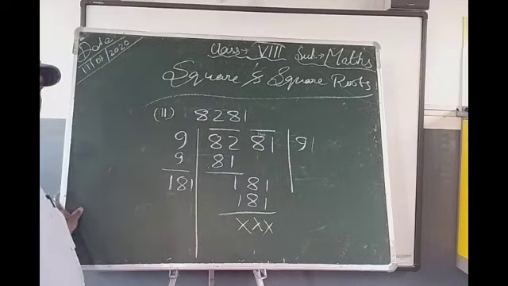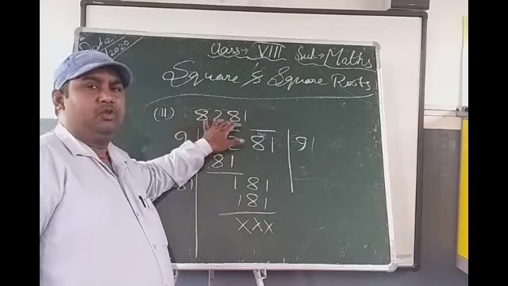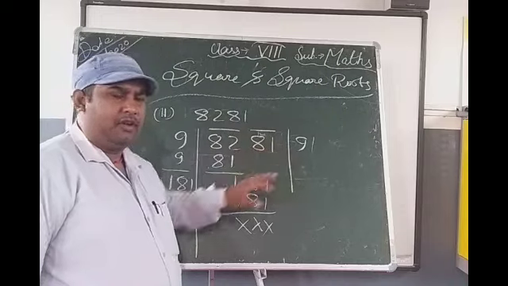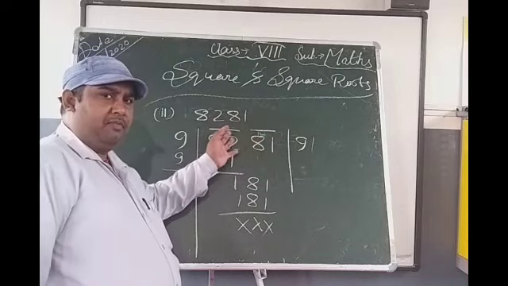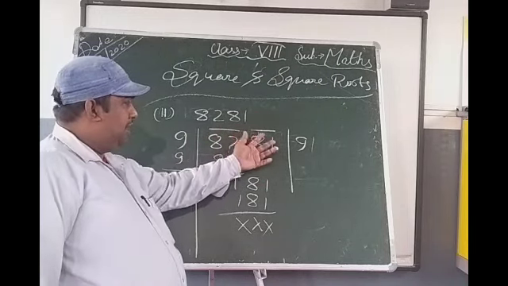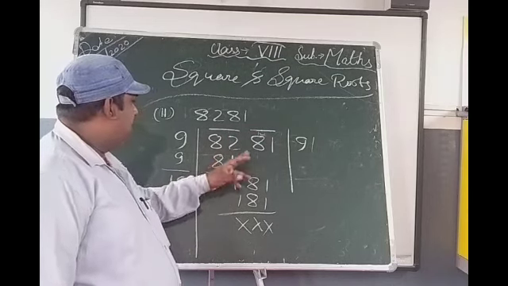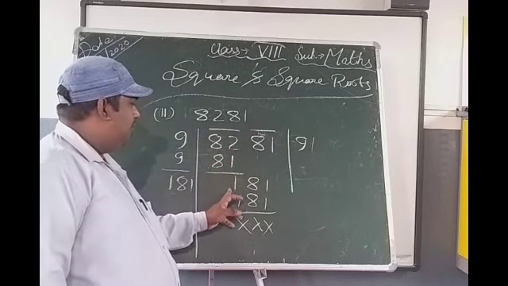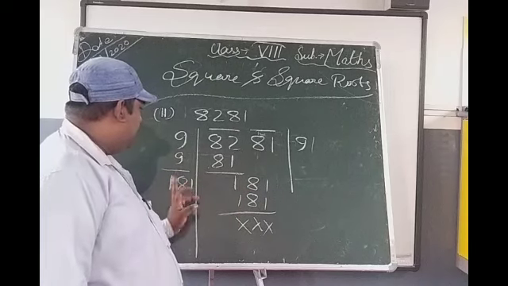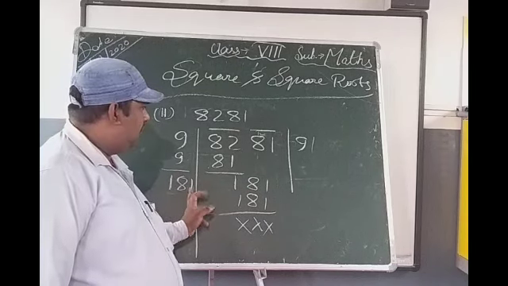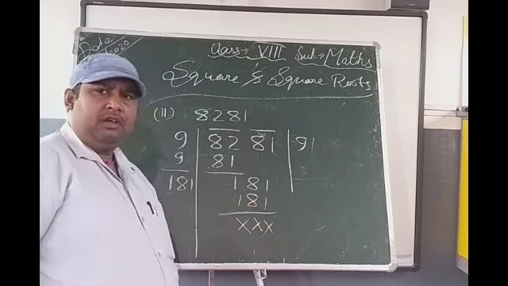Very easy, very simple. The number we have got is 8281. We will make pairs from right to left, two-digit pairs: 82 and 81. 9 into 9 is 81, then 181. 9 and 9 make 18, then 1, you will get 181 into 1, 181.